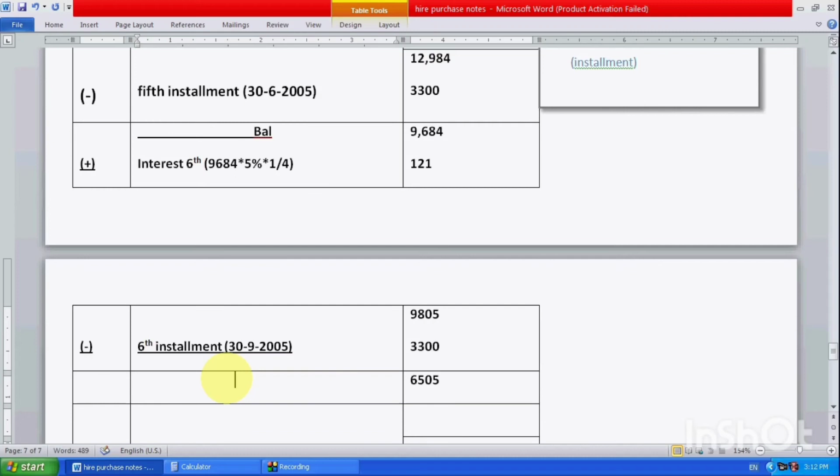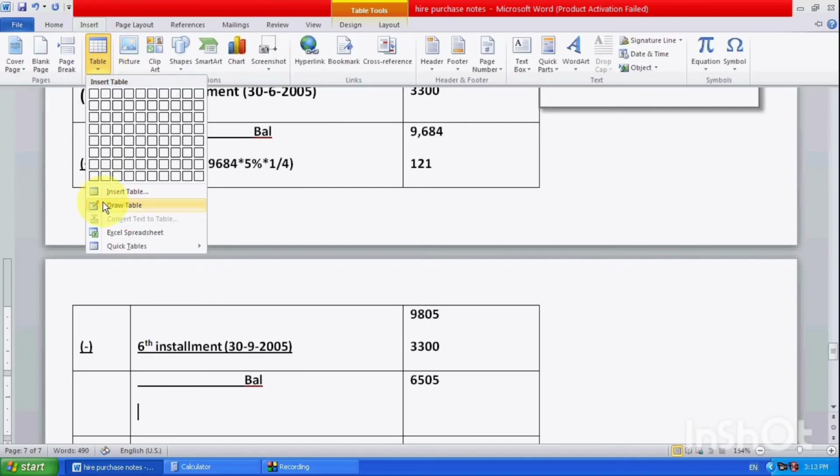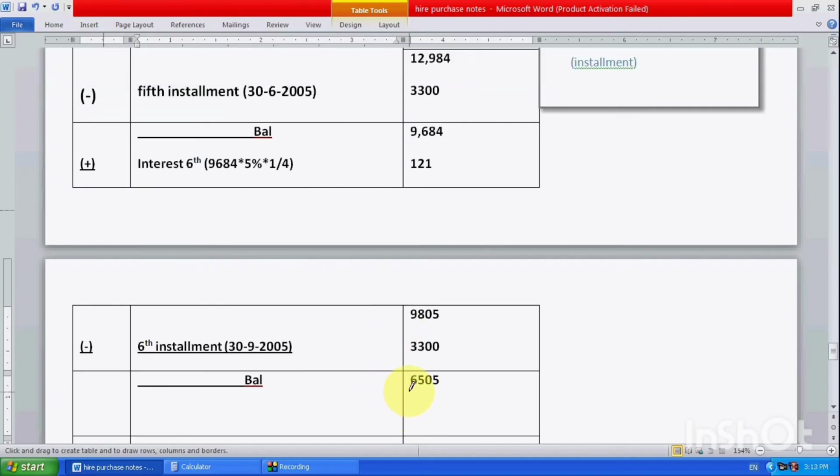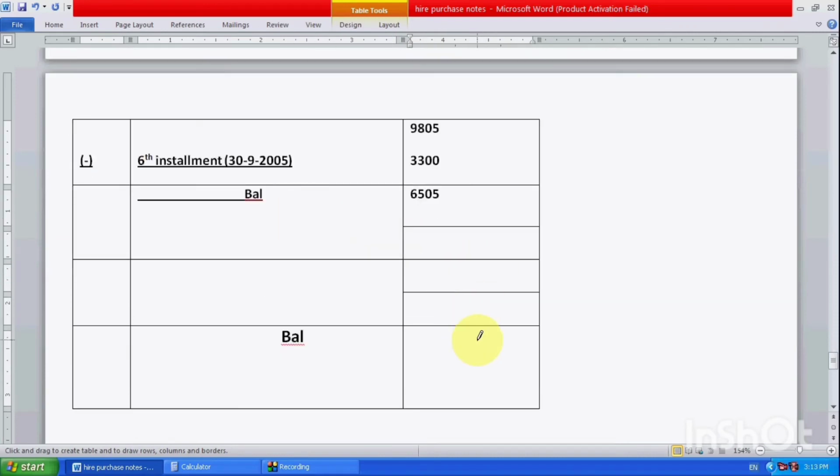Add the seventh quarter interest to the balance. Here first write the symbol of add. I'm drawing a line here for the interest total.